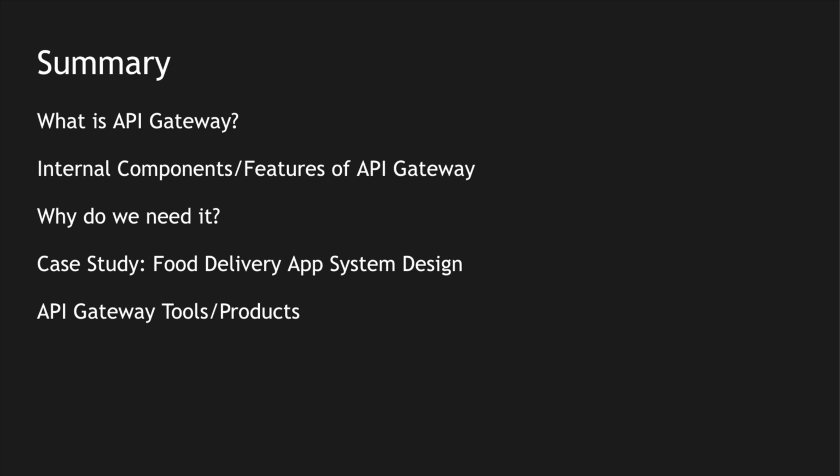We saw, with an example of a food delivery application, how there are so many moving parts within a big system, and if you want them to communicate with each other, it is easier to offload some of our tasks into a central system or gateway, which is called the API gateway. We can register all our APIs into the API gateway, and folks can go and consume off of that. Finally, we also looked at some of the tools in the industry which you can leverage for creating API gateways within your services.